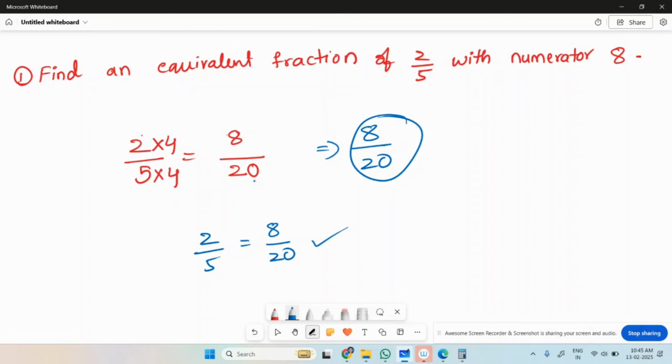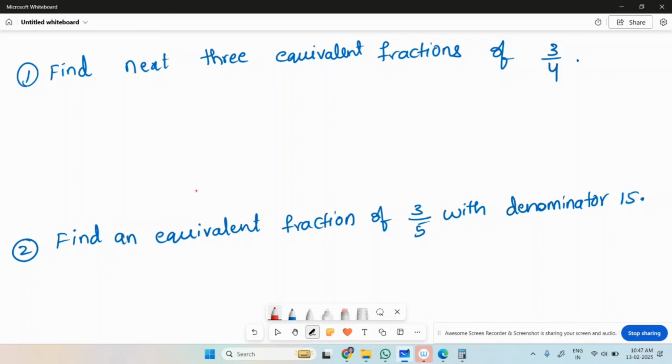Okay, let's see some other kind of question. Here the question is: find the next three equivalent fractions of 3 upon 4. We know that we find the equivalent fraction of any fraction by multiplying or by dividing. Here we can't divide 3 upon 4 further, because 3 and 4 are not both in any times table. So let's multiply both numerator and denominator by the same number. Let's take 2 here. 3 times 2 is 6 and 4 times 2 is 8. 6 upon 8 is one fraction.